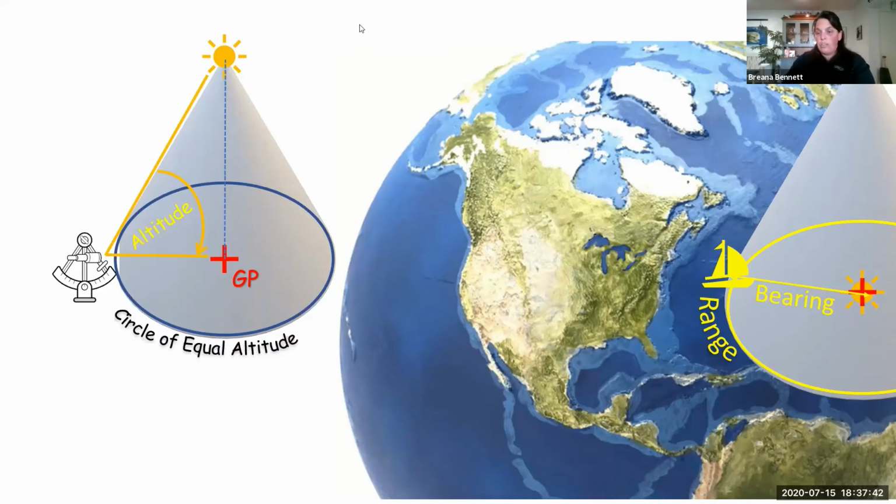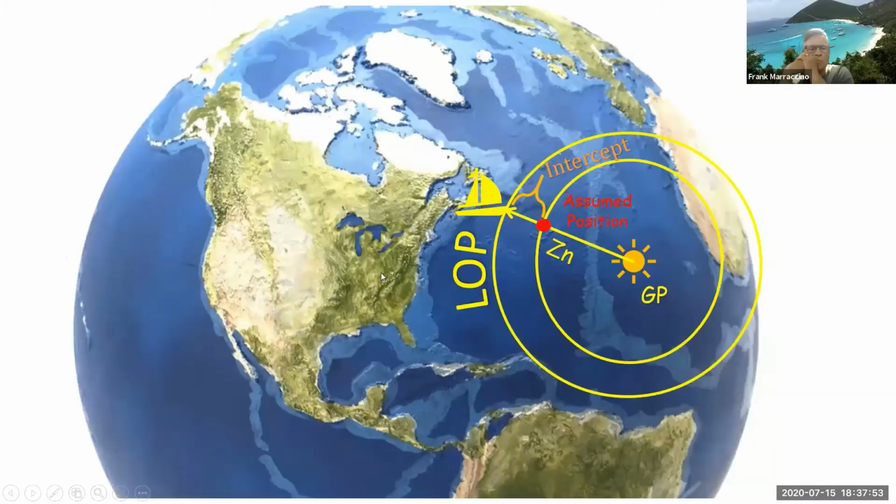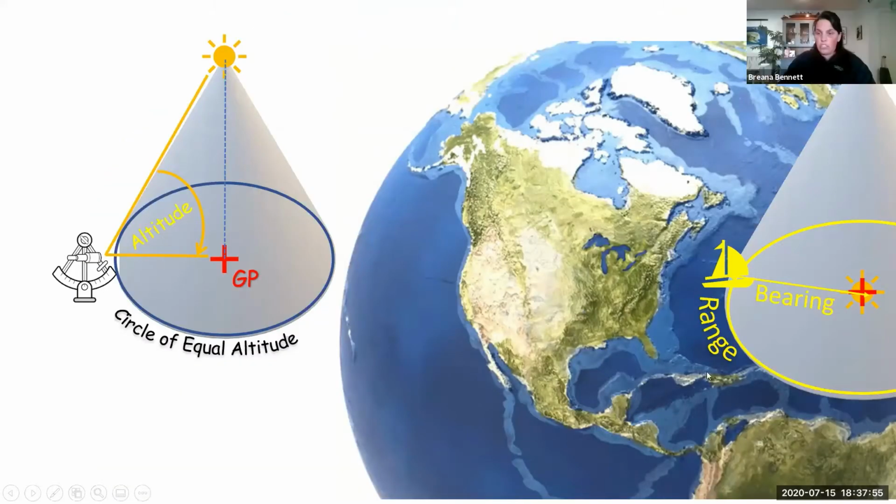So when we look at it on a globe, large scale, that circle can be massive. It can be huge.